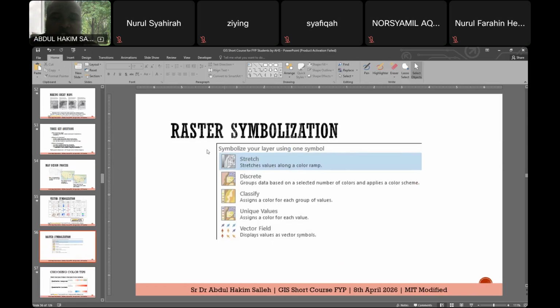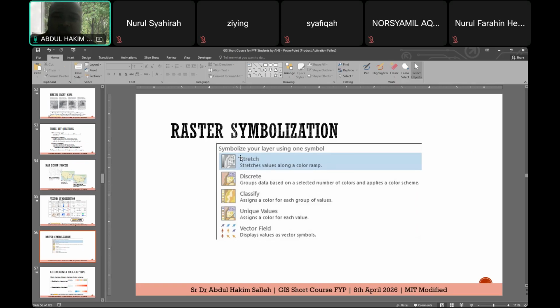Now raster symbolizations. There are a few ways to represent a raster. It can be in the form of stretching, you can stretch, you can clip, you can expand the image. Nowadays there is a function for upscaling an image. That is part of raster symbolization.